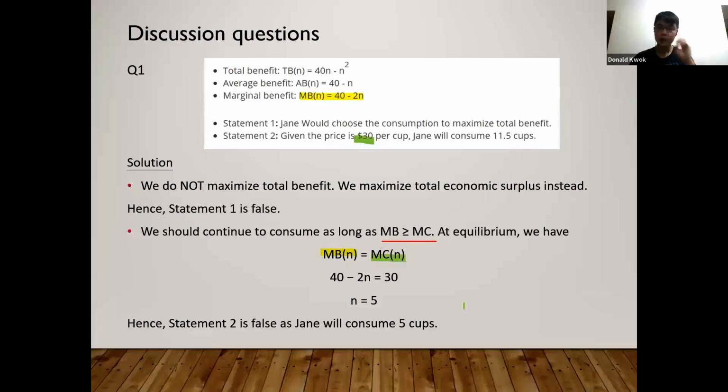If we equate 40 minus 2n, the marginal benefit, with 30, the marginal cost, then we are able to solve for the optimal level of consumption, which is n equals 5. So as you can see, statement 2 is false. It is 5 cups instead of 11.5 cups as the optimal consumption level.